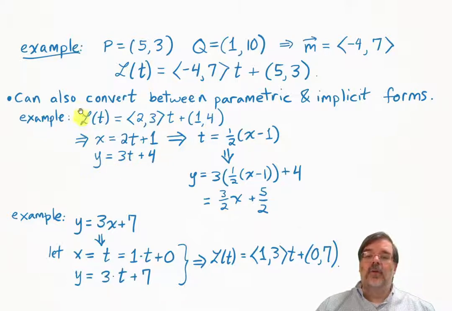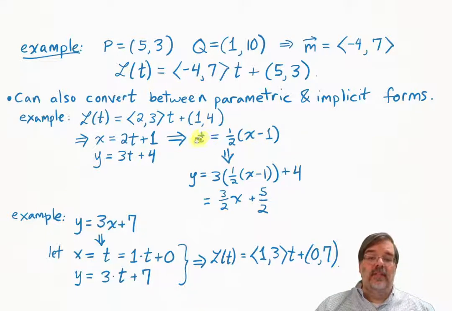So convert your parametric equation into two equations for x and y, and then take the x equation and solve that for t. In this case, we would move the 1 to the left side and it becomes minus 1. Then you'd multiply both sides by a half to solve for t. When you do that, you get t equals 1/2 times the quantity x minus 1.